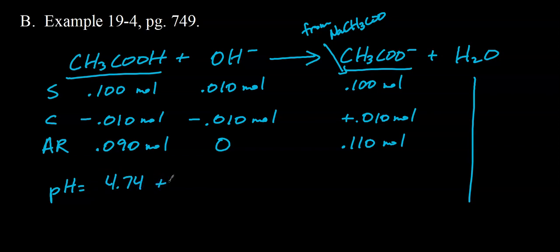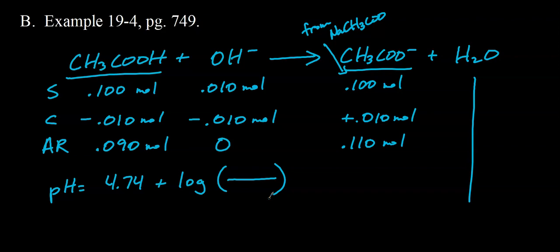Remember, negative log of 1.8 times 10 to the negative fifth, plus the log of what goes on top? Conjugate base or acid? What goes on the top, even if it's a pOH, Henderson-Hasselbalch? Conjugate goes on top. So now, interesting here, a couple things. One is that we have moles in our SCAR table, and we want to plug concentrations into our Henderson-Hasselbalch.